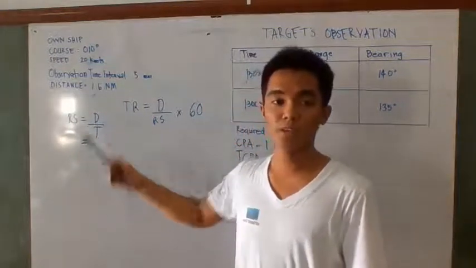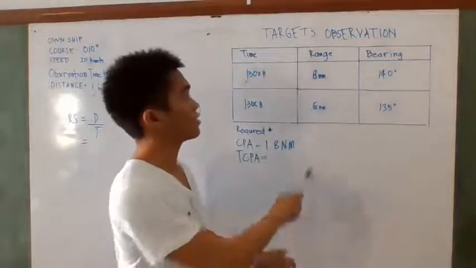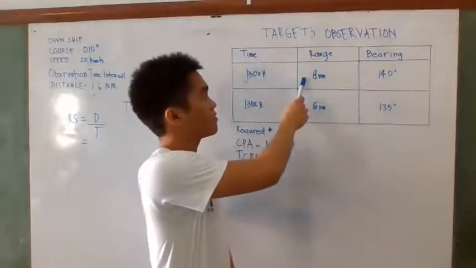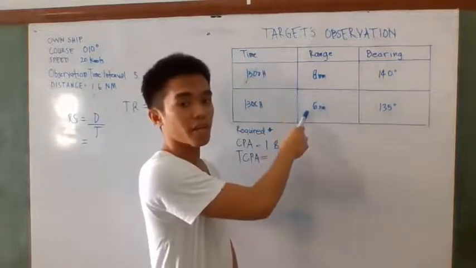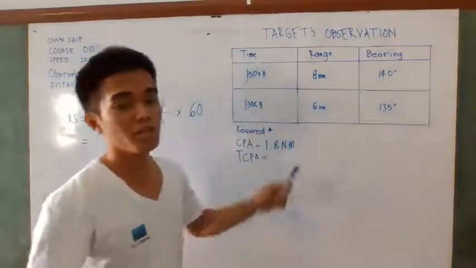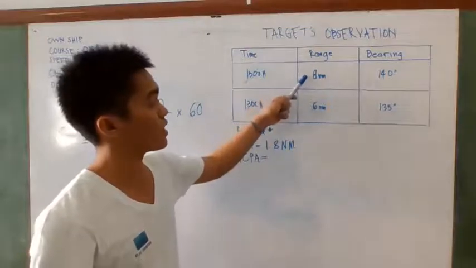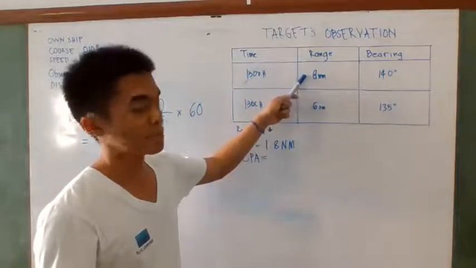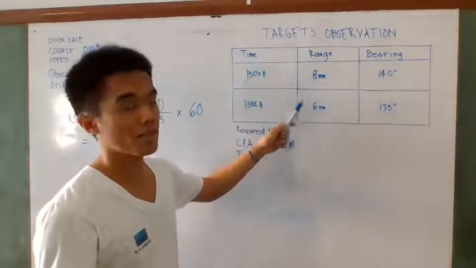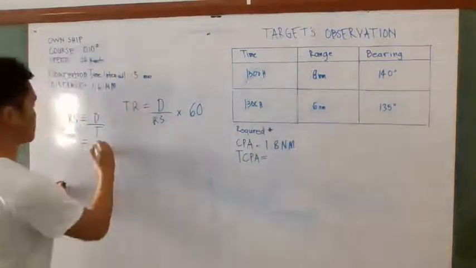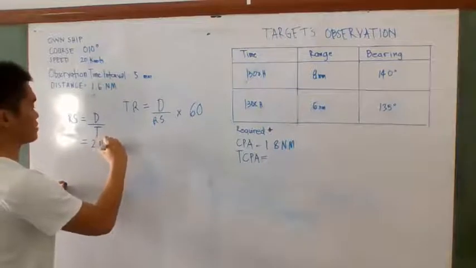The distance used is the difference between the range of your first observation and the range of your second observation. The range of our first observation is 8 nautical miles, which must be subtracted by 6 nautical miles. So our distance will be 2 nautical miles.